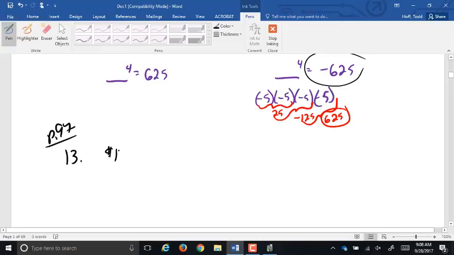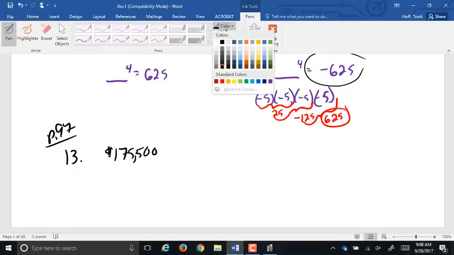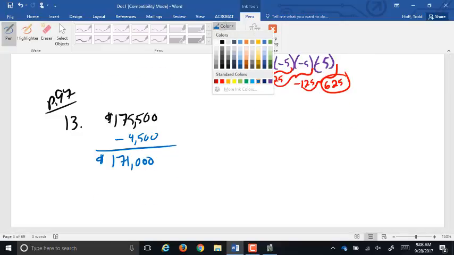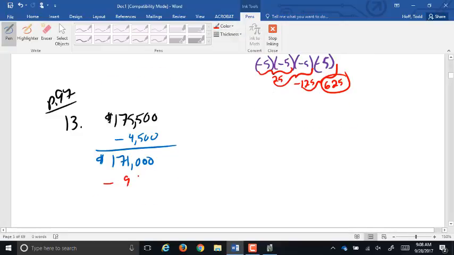So $175,500 minus a rebate of $4,500. So that means $171,000. A trade-in of $9,500. So subtract another $9,500. That's $161,500.